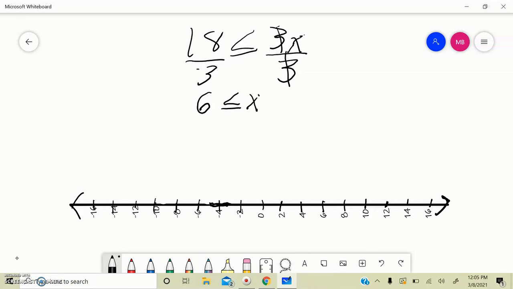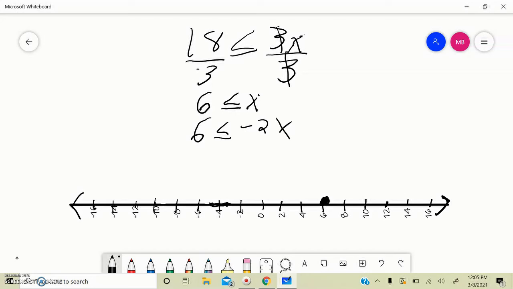So I look at my side, which tells me what circle I'm going to use. I'm going to use a closed circle. And I'm going to test out my numbers now. So I have 6 is less than or equal to, let's test negative 2. Does this statement hold true?